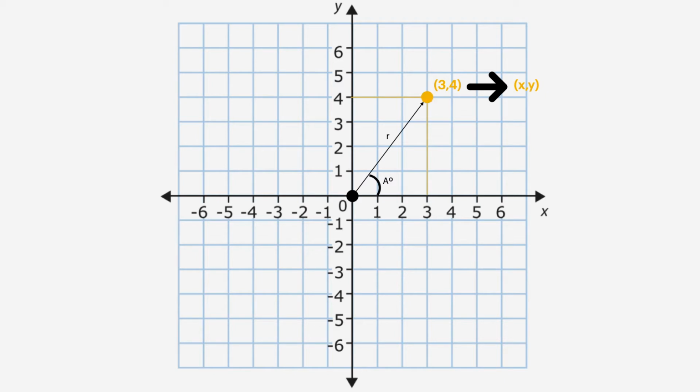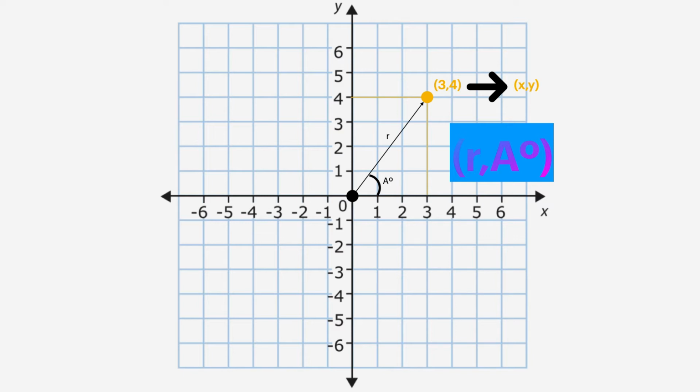So here is our new way of graphing something. We can write this as (r, A). r is the distance you go, and A is the angle you turn. That's an interesting way of thinking about it.